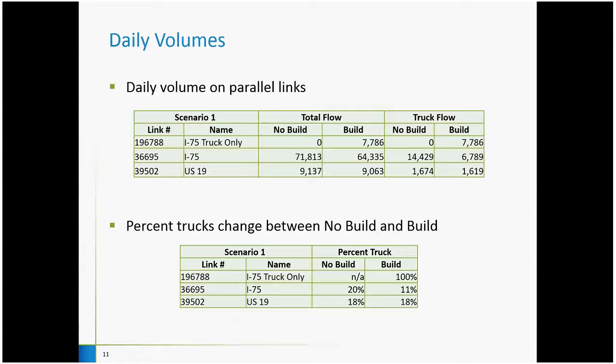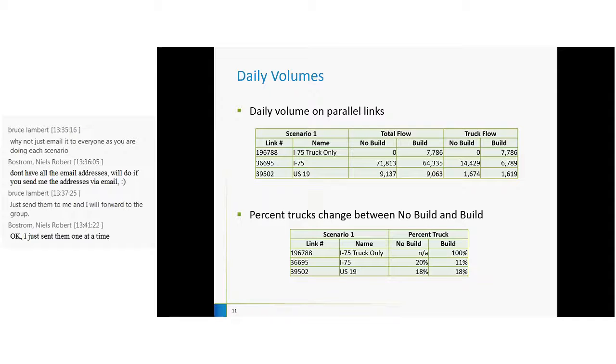But one thing I think is important to do is to look at the relative change and not necessarily the magnitude change. The reason why is because the model, even looking at the base year or the existing volumes that the model is showing on I-75, the model is low.